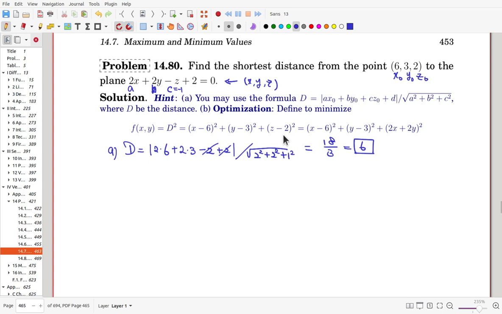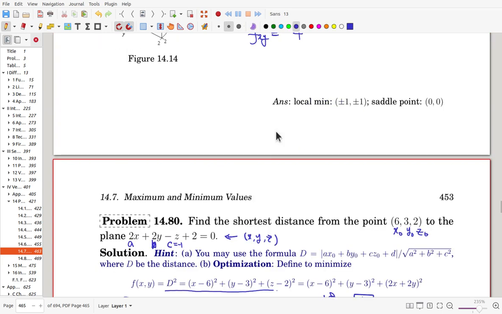And we try to minimize it so that we can decide x, y, z. But rather than the square root of this term, we try to minimize d squared, so the distance squared will be this one.